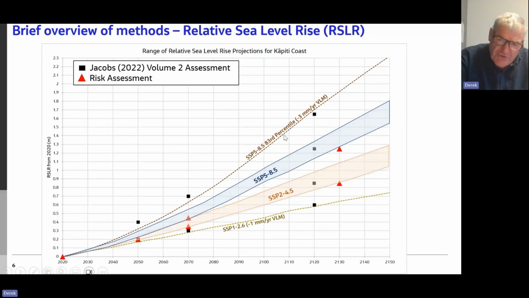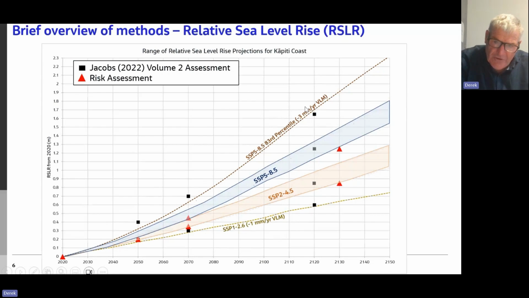Similarly, this upper scenario that was considered credible and should be used in the MFE guidance of 2017, using this SSP or RCP as it was at that time, 8.5+ scenario, so the 83rd percentile of the 8.5 climate change, is now not considered in the work and the guidance that's come out around adaptation, that our upper scenario should just be this 8.5 scenario in here.